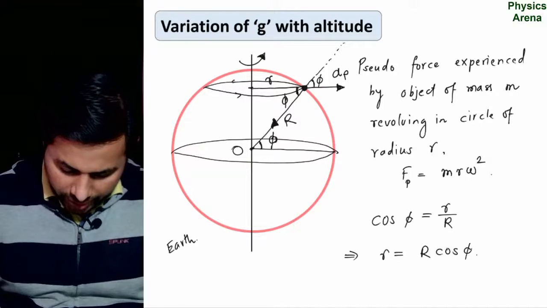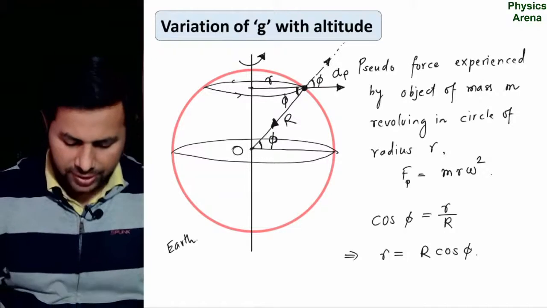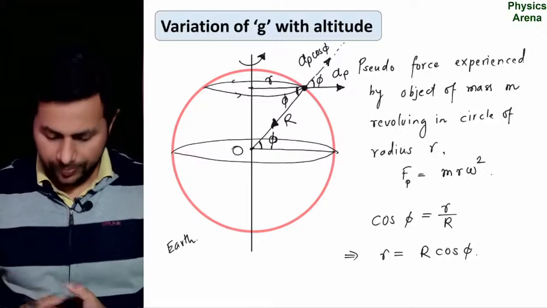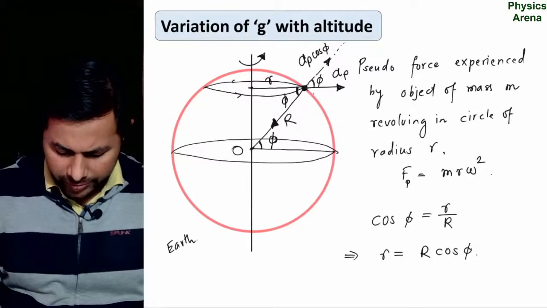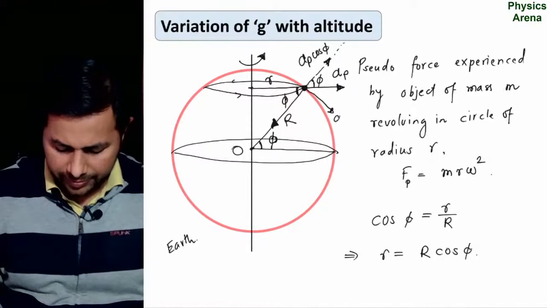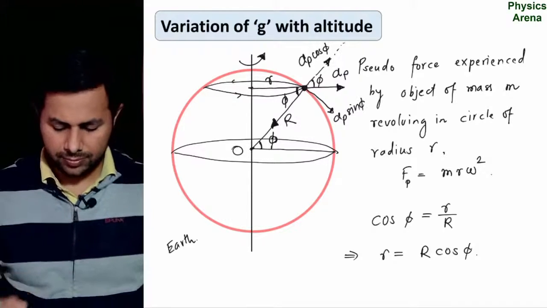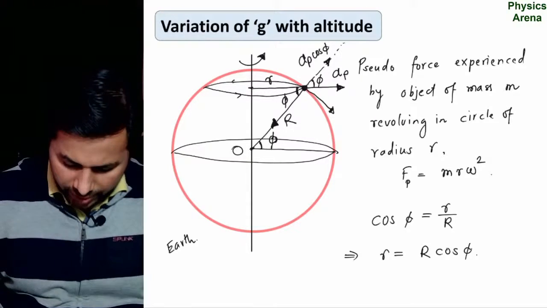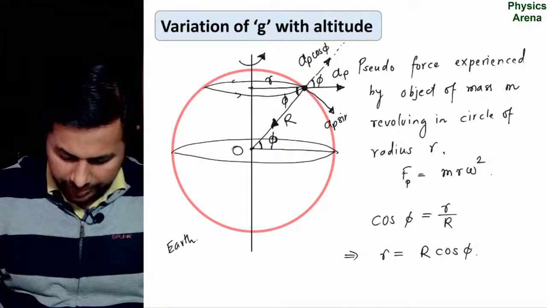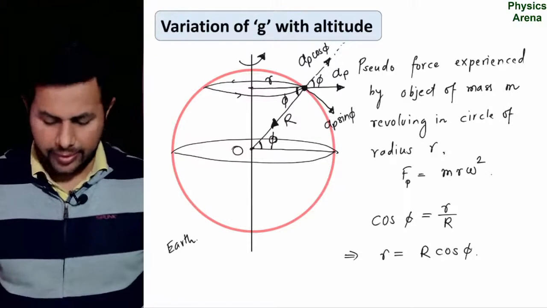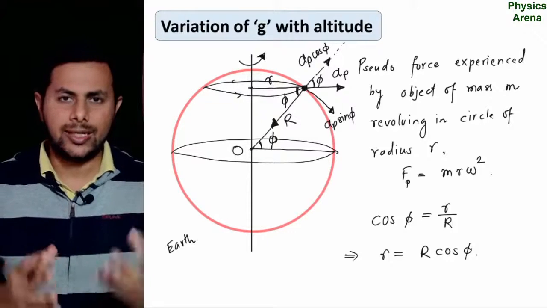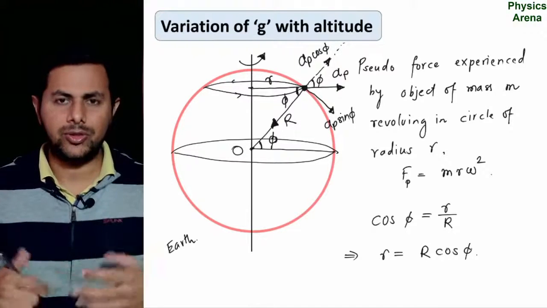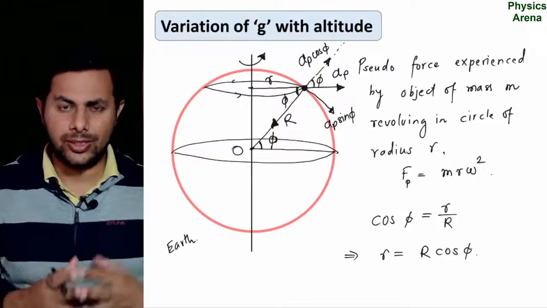Therefore the component of A_p in this direction will be A_p cosine phi, and the perpendicular component, which we don't want, will be A_p sine phi. Now, what is the net acceleration acting on that object towards the center of the earth, because that will be the resultant acceleration due to gravity?